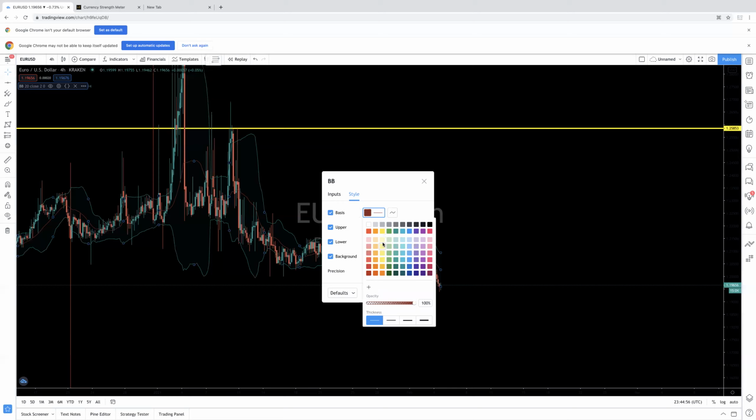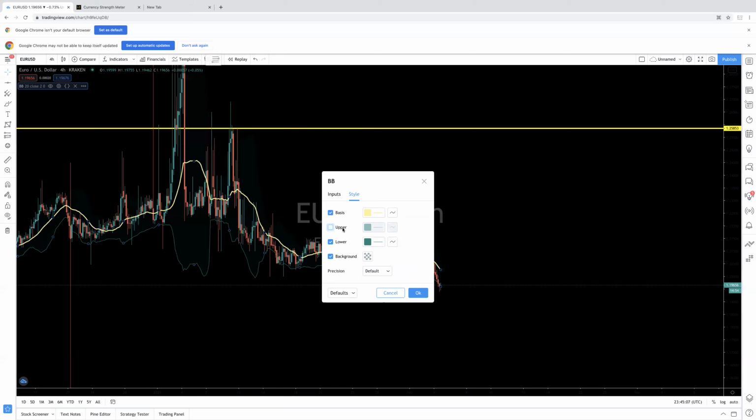For my Bollinger Bands, the base one is fine with yellow. We're going to make it a little thicker so we can see it better. The upper one, I like for that to be blue, blue for buy.